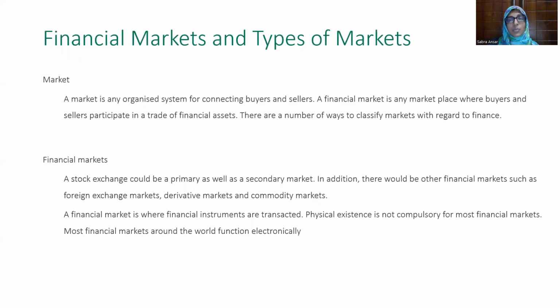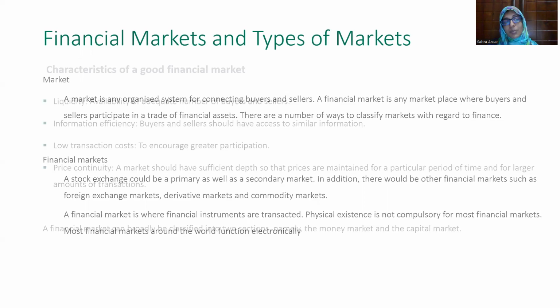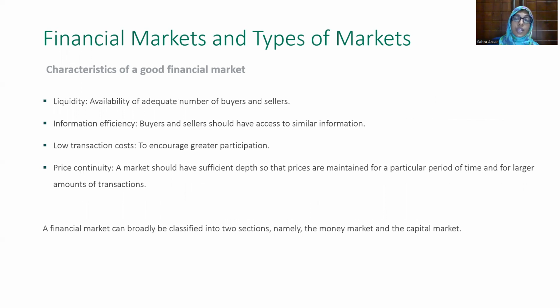So we spoke about the financial market, and then the characteristics of a good financial market. And thereafter, I explained that I'll be talking about two sections in the financial market, which are money market and capital market.